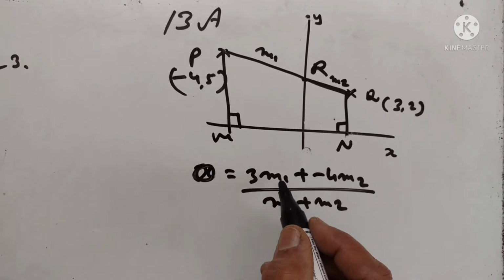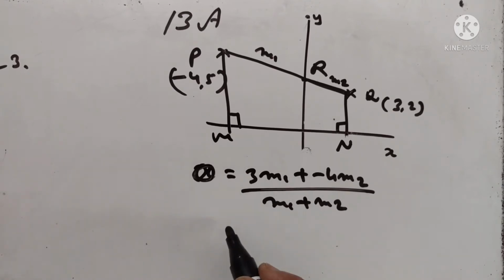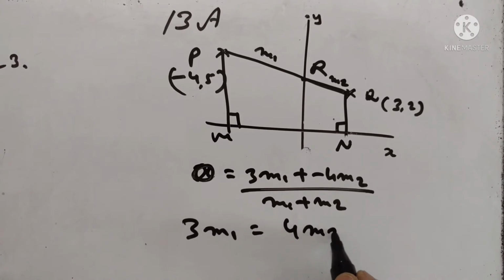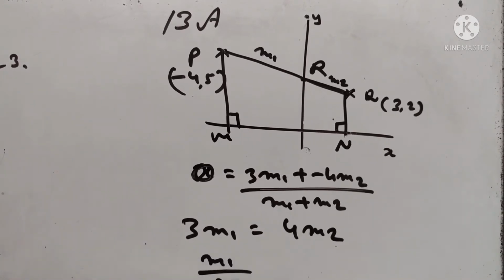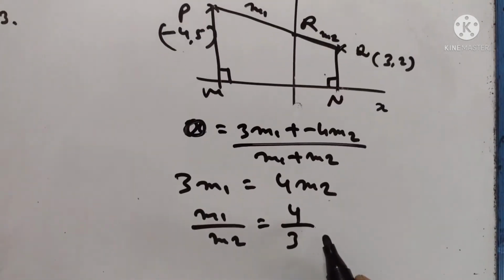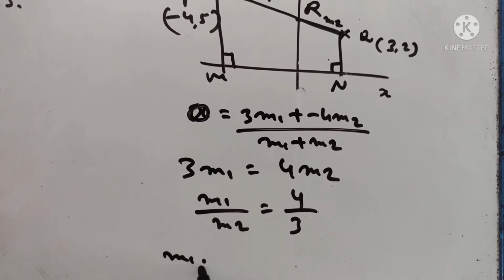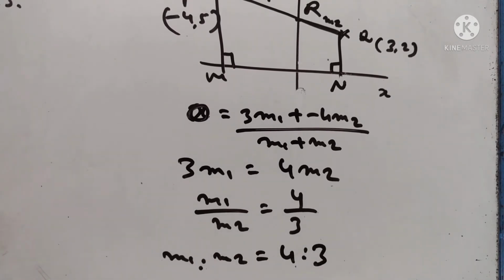So 3M1 is equal to 4M2. M1 upon M2 is equal to 4 upon 3. So M1 is to M2 is equal to 4 is to 3.